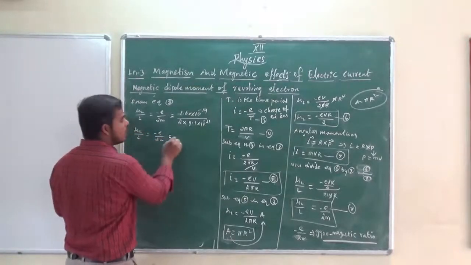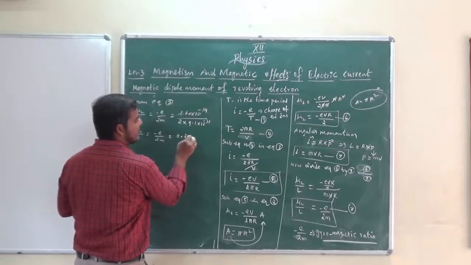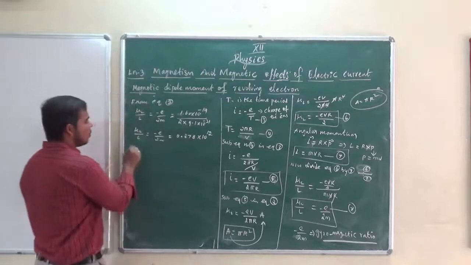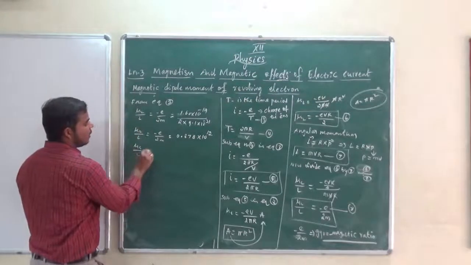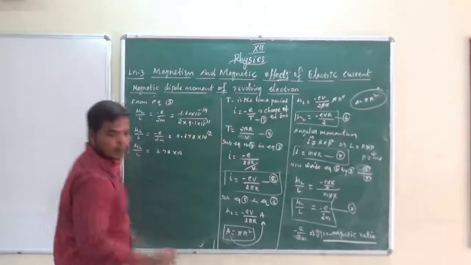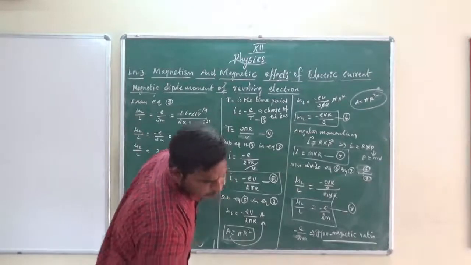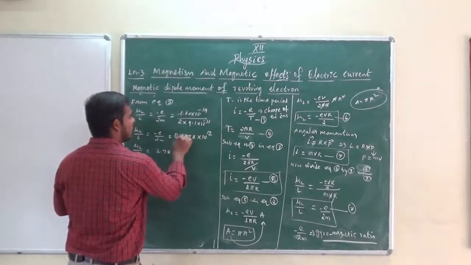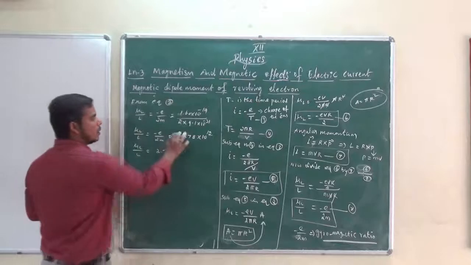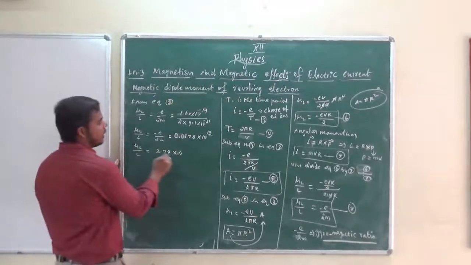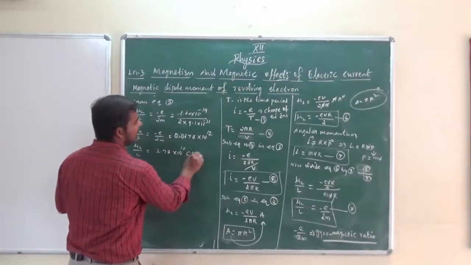What you get is 0.878 into 10 to the power of 12. So mu L by L equals 8.78 into 10 to the power of 10 coulomb per kg.